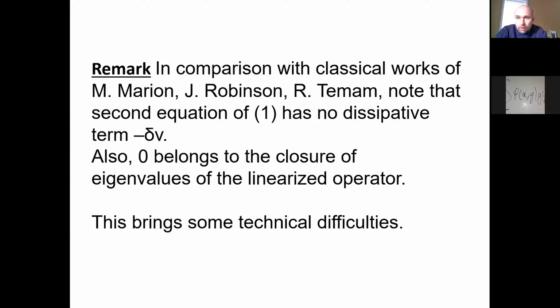So let's do some remarks because in fact some classical techniques do not work for this equation. Why? There are classical remarkable works from Marion, Robinson, and Temam, for example. But these works, in general, have this term in the second equation.